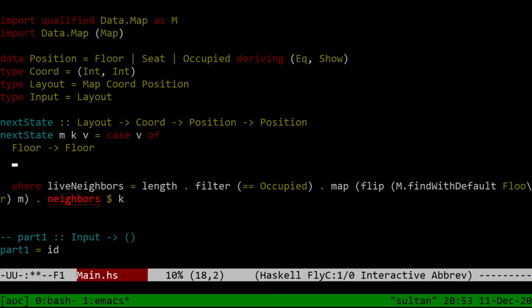So now we can just say if it's a seat, then we want, if live neighbors is greater than or equal to 4, then seat. No, hang on. What are the rules? If it's empty, i.e. a seat, and there are no occupied seats, then it becomes occupied.